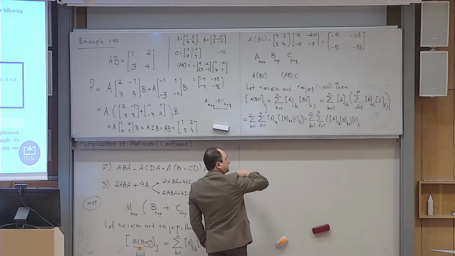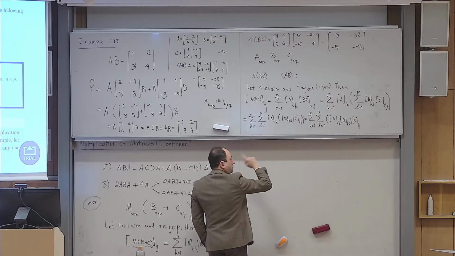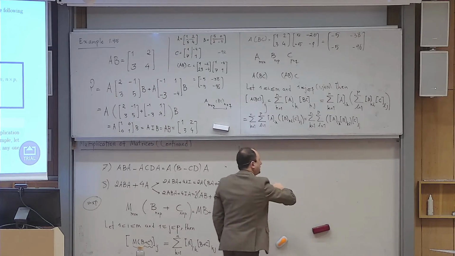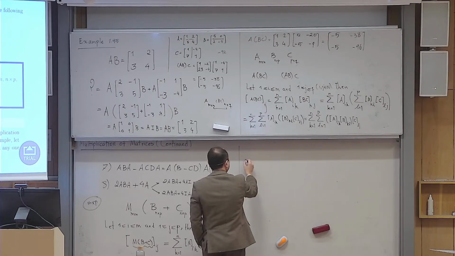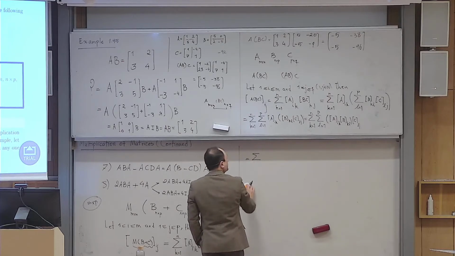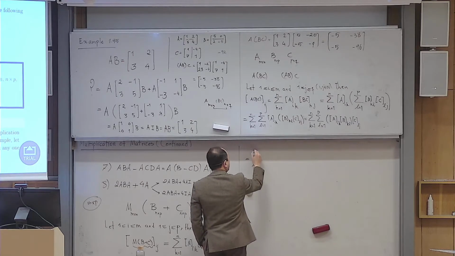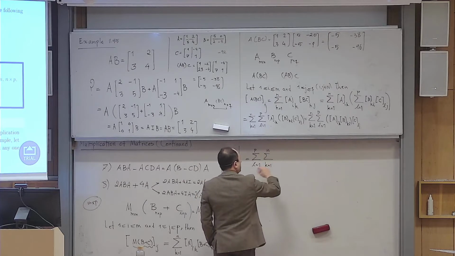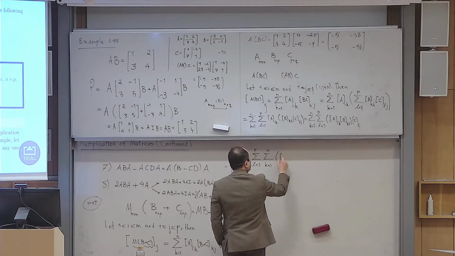I didn't want to do it in the previous step. My goal is to flip this out, but I cannot flip it out from here. What I can do is write it as sigma, L goes from 1 to P, sigma K goes from 1 to N, and in that I would write this.